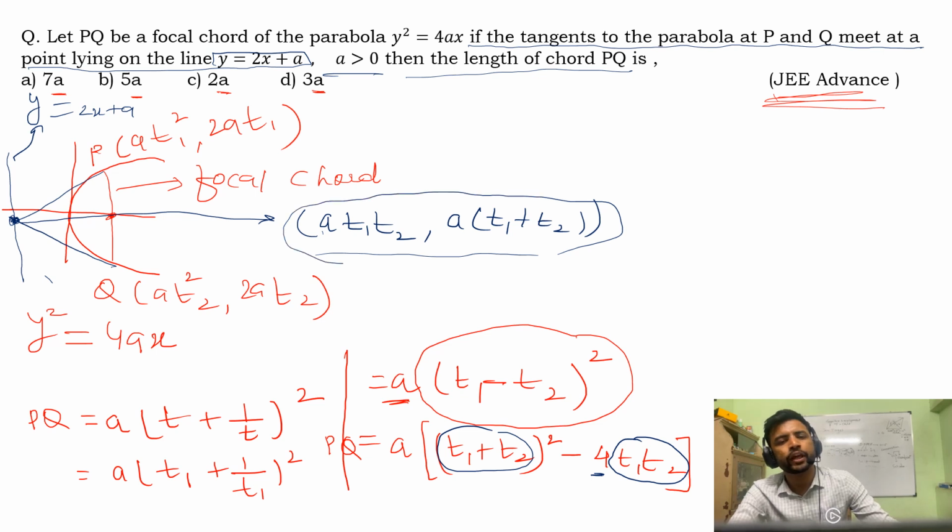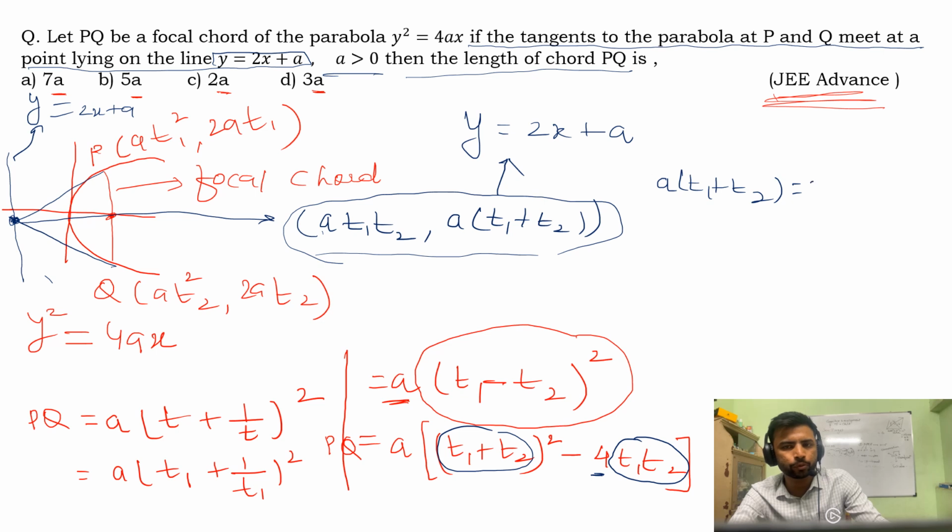Okay, and this line y is equal to 2x plus a is passing through the same point of intersection. So what will happen? This coordinate will satisfy the given equation. So we'll just put the values of x and y, a t1 t2 and a (t1 plus t2), in this equation.